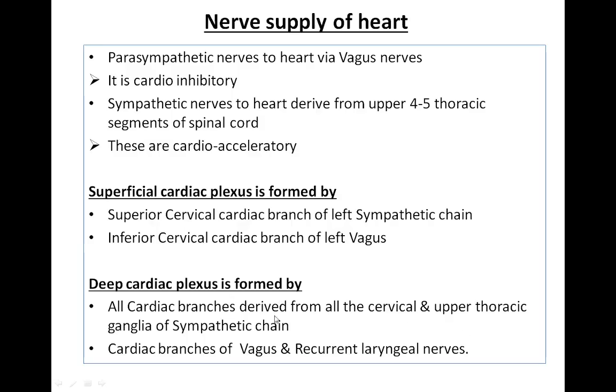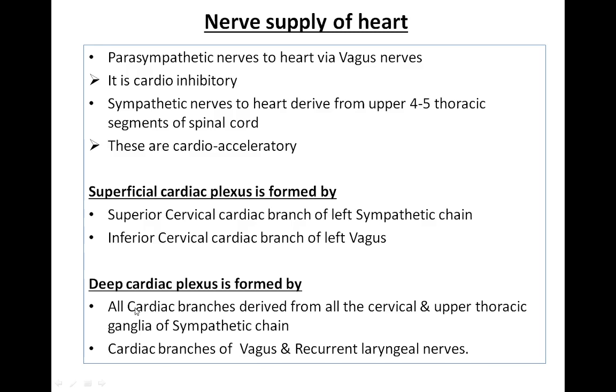The deep cardiac plexus is formed by all cardiac branches derived from all the cervical ganglia, that is the superior, middle, and inferior cervical ganglion, and the upper thoracic ganglia of the sympathetic chain. Then come the cardiac branches of the vagus and the recurrent laryngeal nerve. This is your sympathetic component, and the vagus is your parasympathetic component.